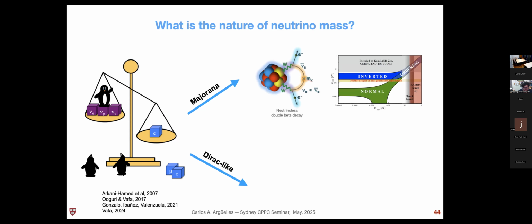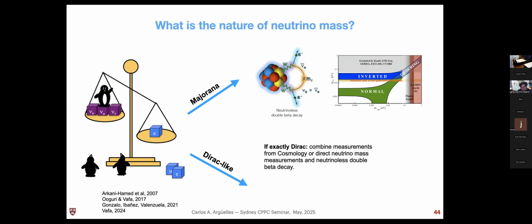Now, let's put ourselves in the other situation. What happens if the neutrino mass is predominantly due to an interaction mass like the electrons, with a right-handed neutrino and the Higgs on a small Yukawa-like coupling? Well, if neutrinos are exactly Dirac, we will define what that actually means in a second with more detail. Then one thing you could do in principle is measure neutrinoless double beta decay and not see it.